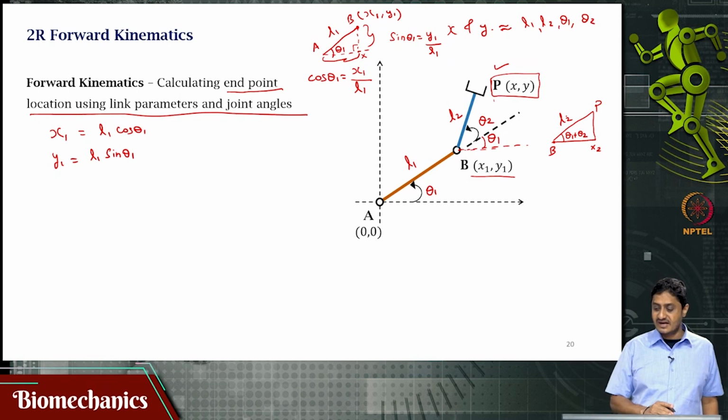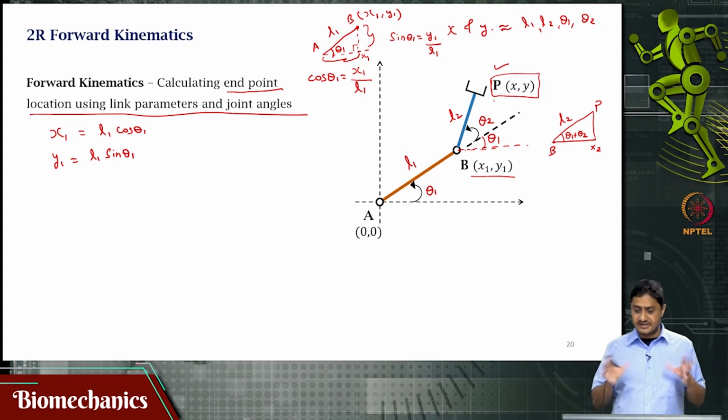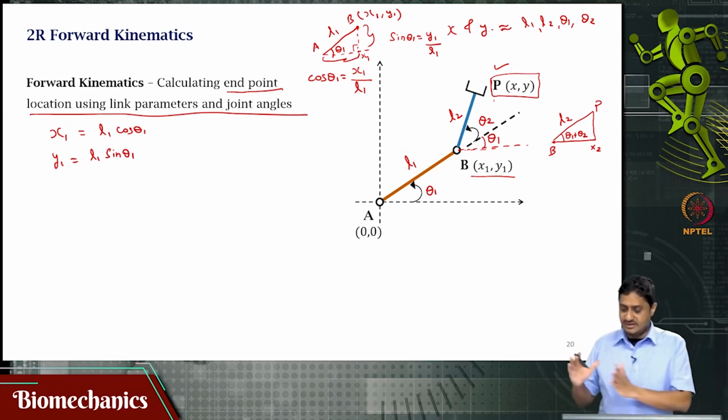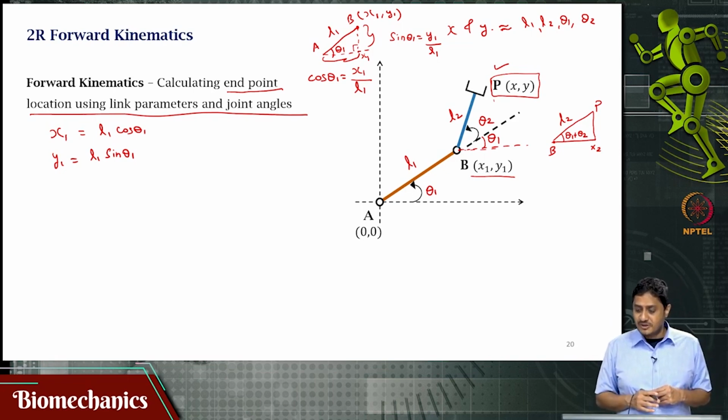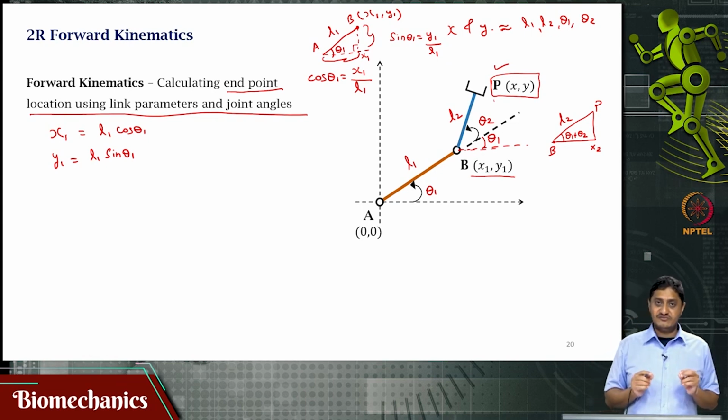In the previous case I had an x, I could call this capital X1 for the purpose of generality. So, I am having this x1 and then I am having an x2. Now, could you find out the location of point P as a function of theta 1 plus theta 2 and L2 in the B frame of reference with respect to the coordinate B?